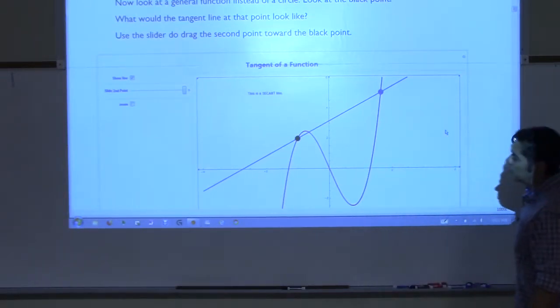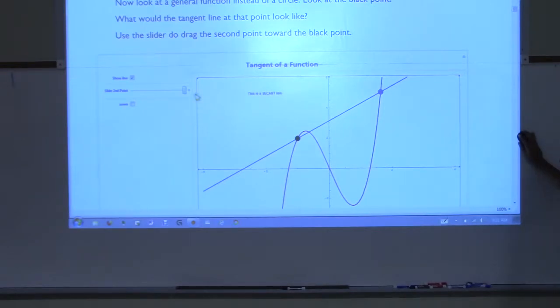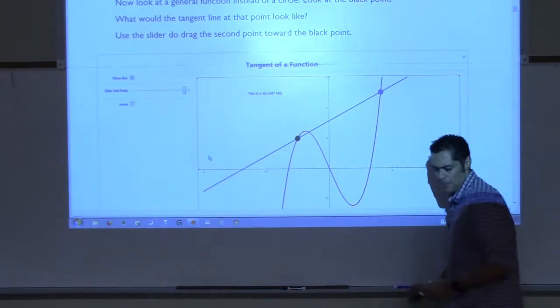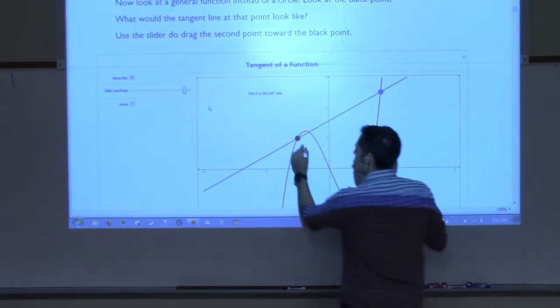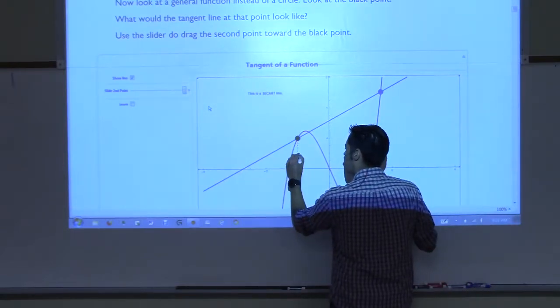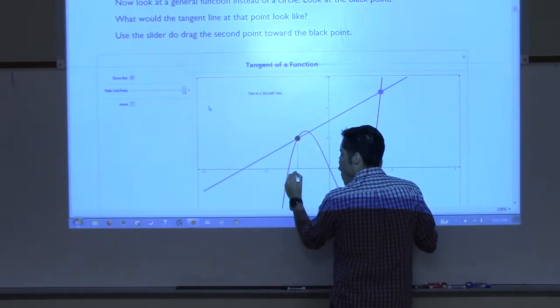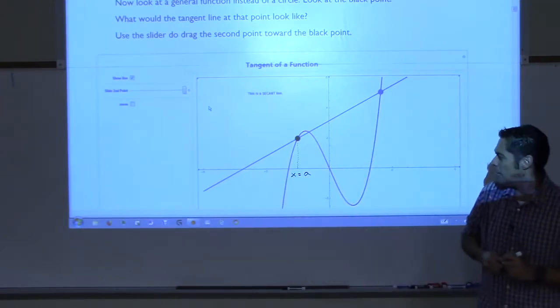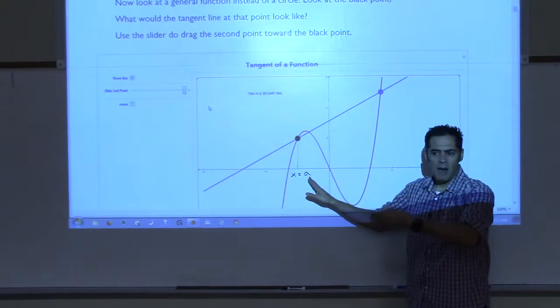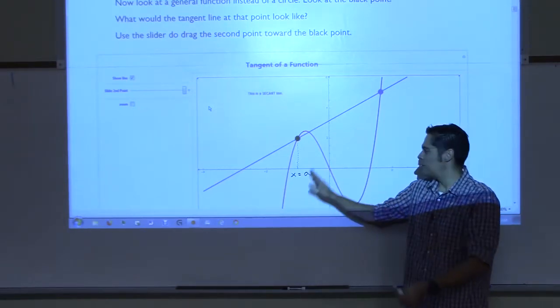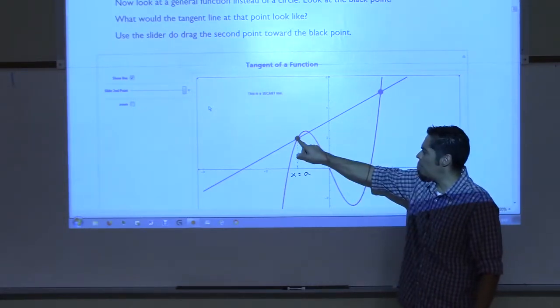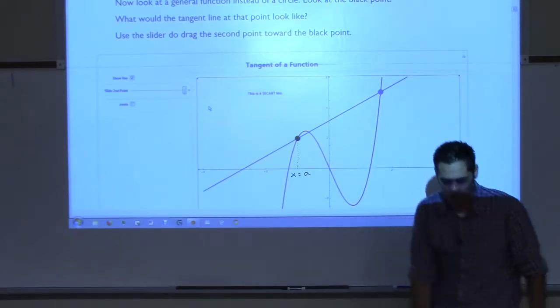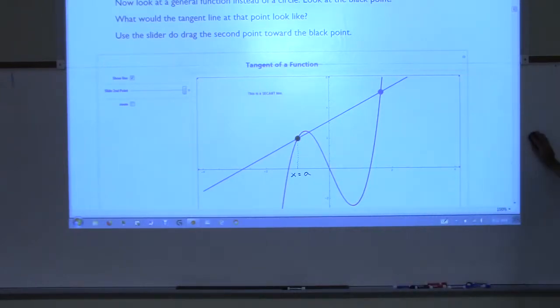But what we're interested in is not the slope of that line, but what's happening at exactly, if we come down here, and we call this right here x equals a, all right? So at this value a, it might be 5, it might be -2, whatever it is, you give me an x value, I go up to the function, I put a dot there, and then I try and imagine what the line going through that point would be.